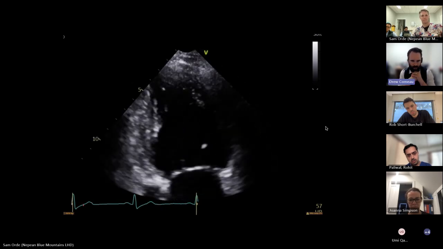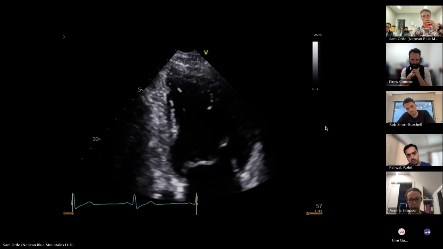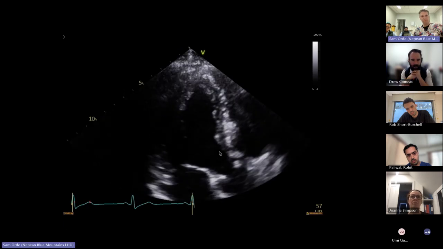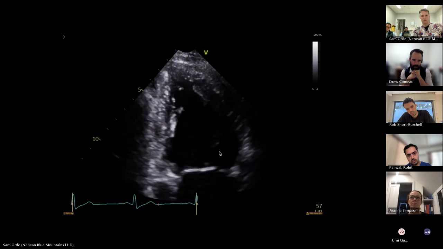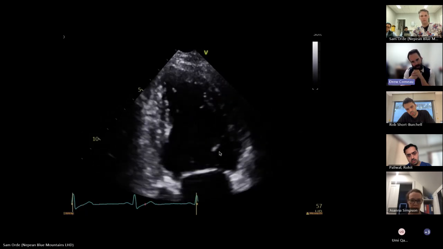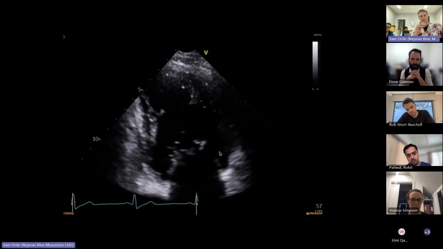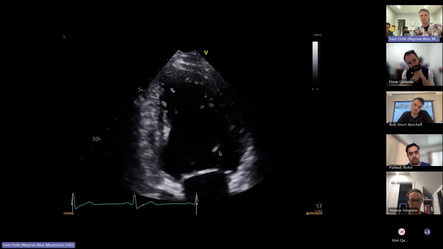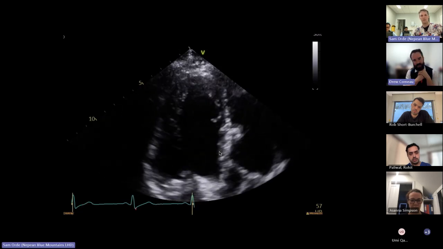Again, 2-chamber view. So the inferior wall looks hypokinetic. Yeah, and any basal, mid, or apical? Sorry, basal and mid, from what I can see here. And then more the last basal one.